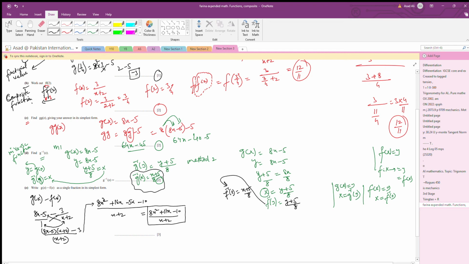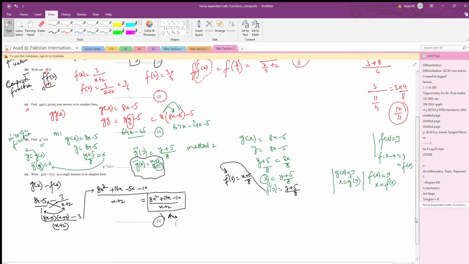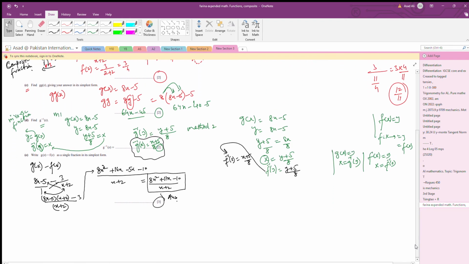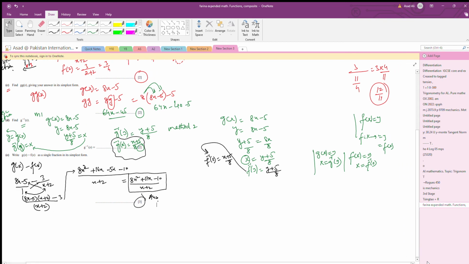We can also think if factorization is possible, but 10 into 8 is 80, and no, that's not possible, so we leave it in this form. That's the answer. Now there are some more parts for this question, so okay, I will be bringing those here.